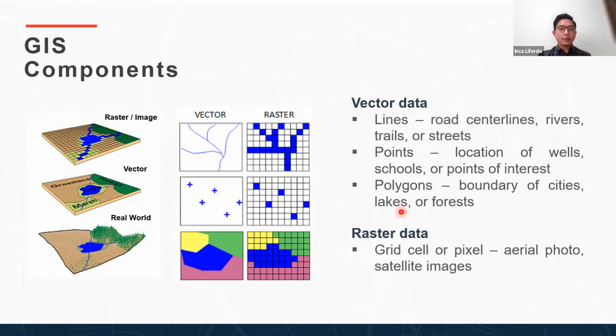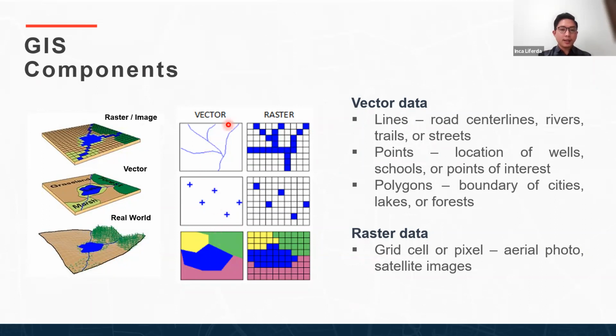We can see from these pictures, vector is going to be like this, and then the raster is going to be like this. The raster is like a grid cell or pixel, like here. So the earth's surface is plotted as a raster, as pixels, and then integrated.